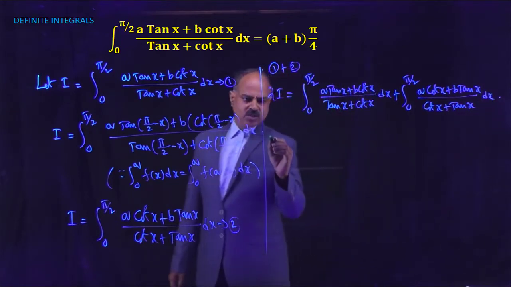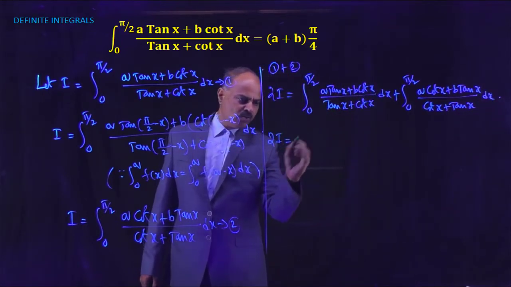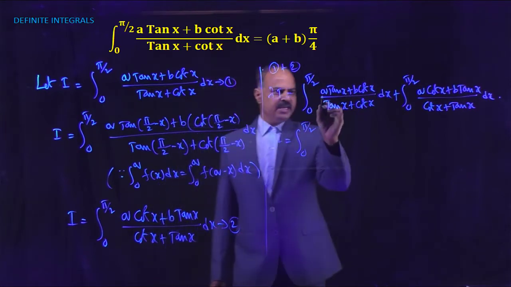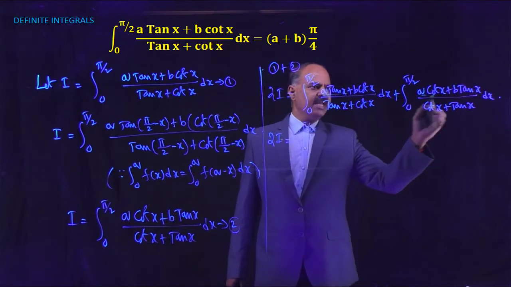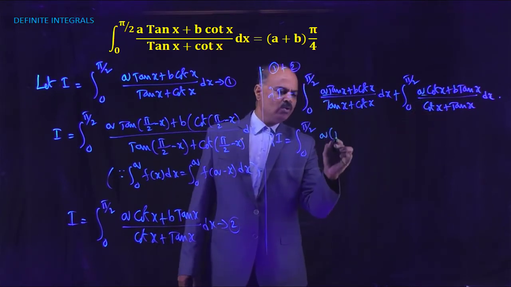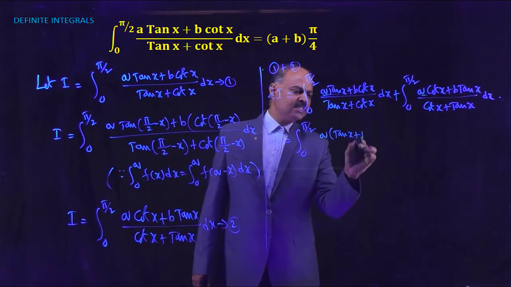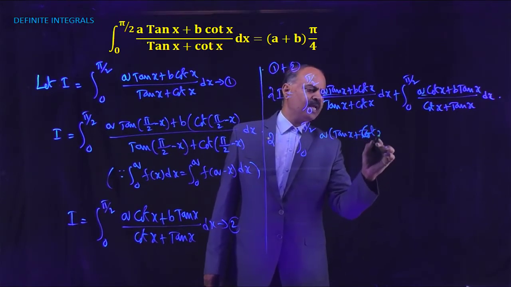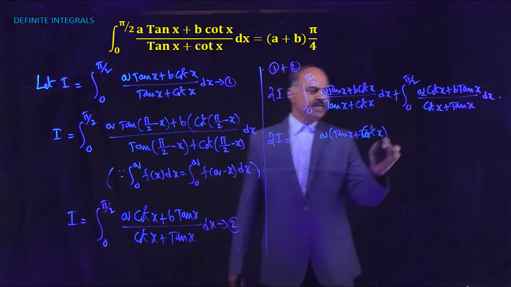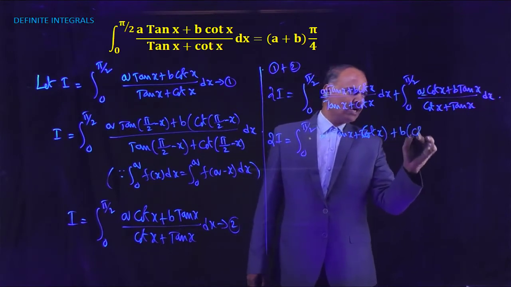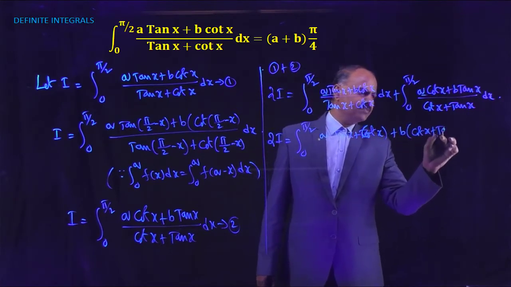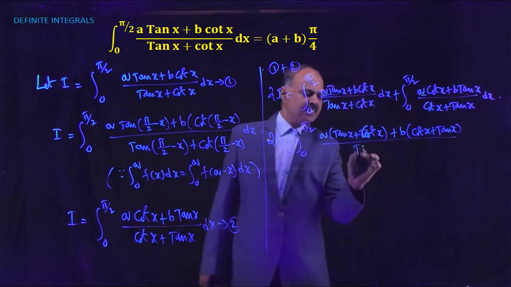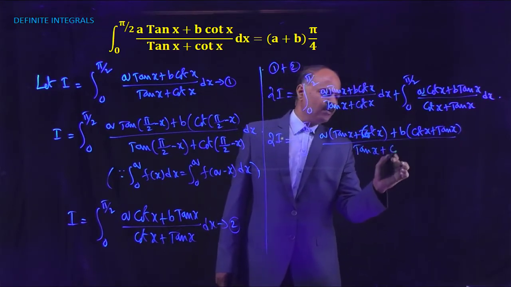Now this is 2I equal to integral 0 to pi by 2 of (a into (tan x plus cot x) plus b into (cot x plus tan x)) divided by (tan x plus cot x) dx.